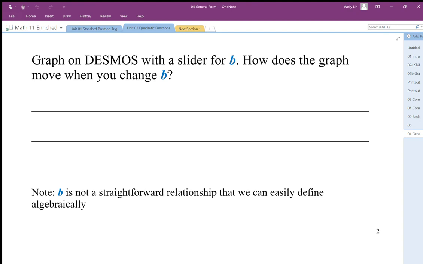So basically what happens as we change B? As we change B, the vertex appears to trace out a parabolic path.